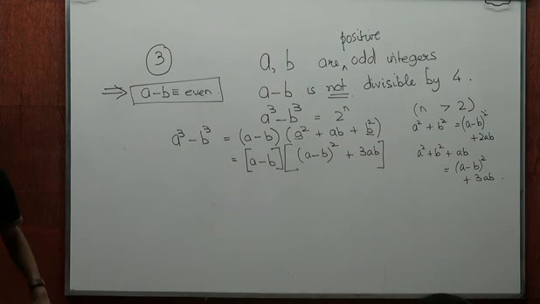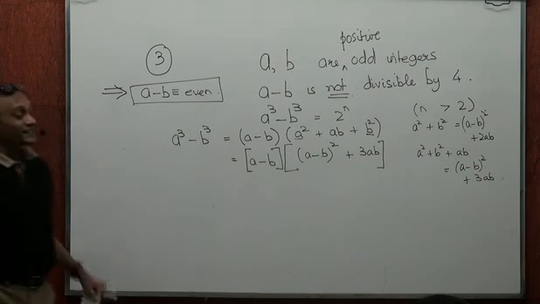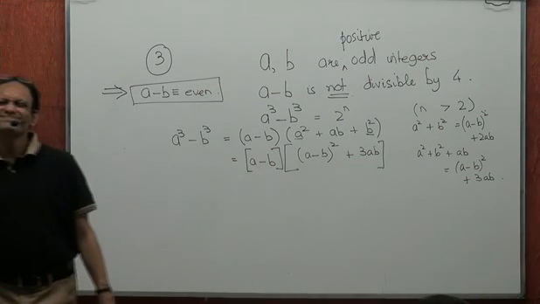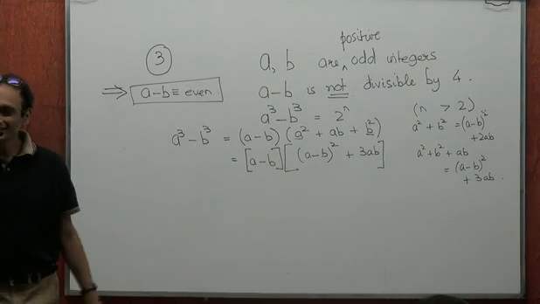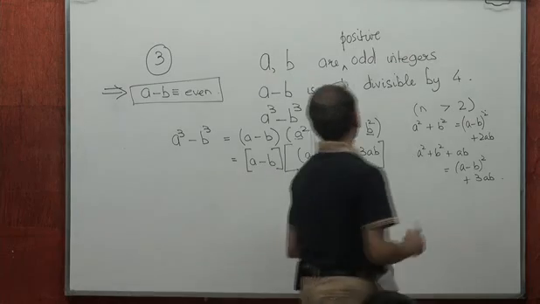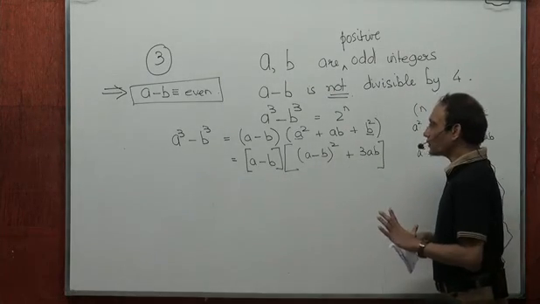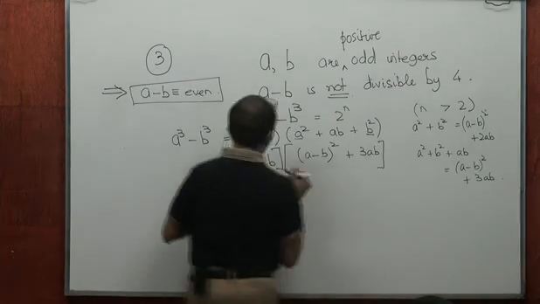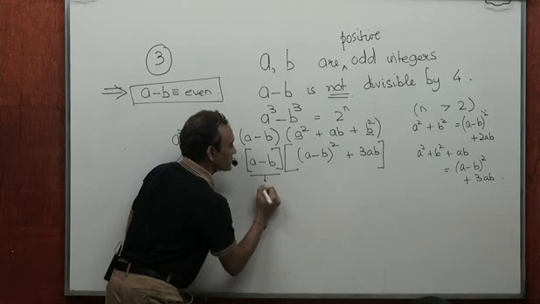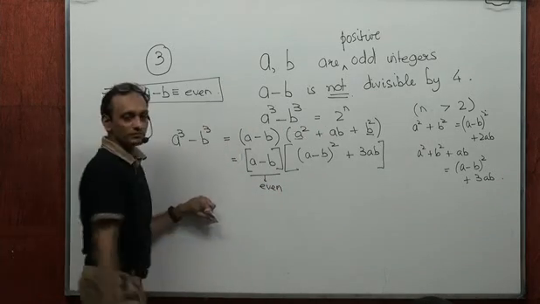So can't it be 6? Let's see. All right, this for sure is even. A minus B is even, right? This factor is even.